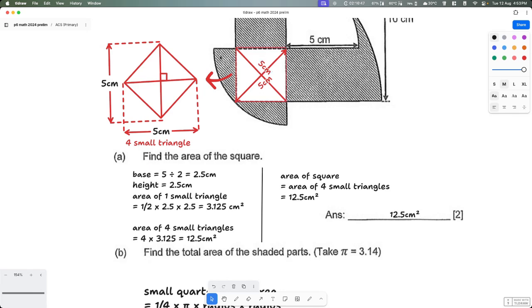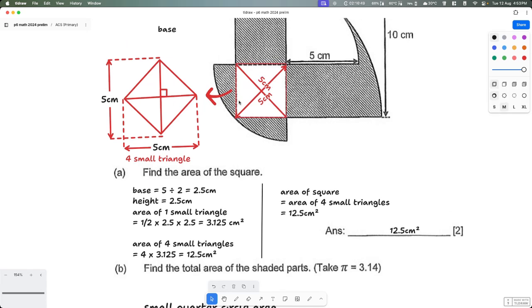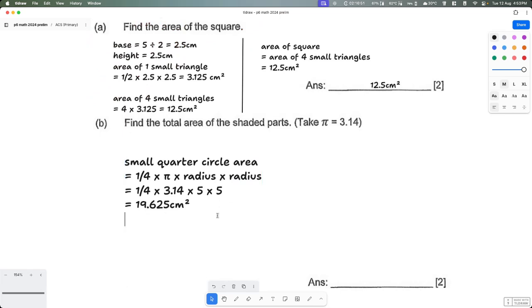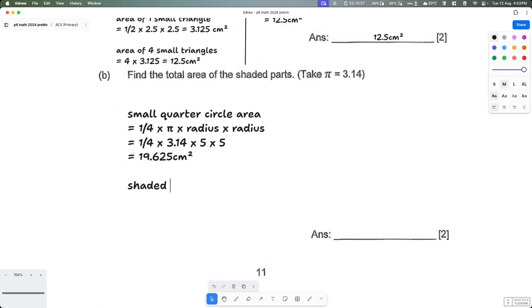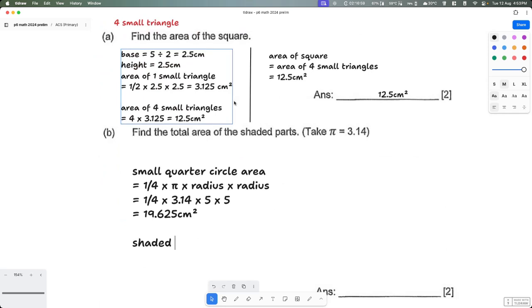At the same time, we also want to get these two shaded external areas. The shaded external area is equal to 19.625 minus 12.5 in this case over here.